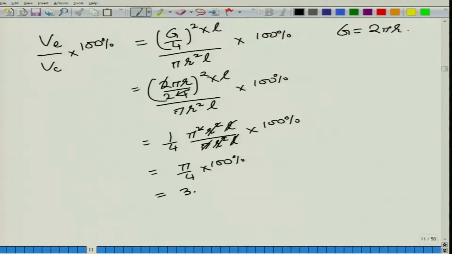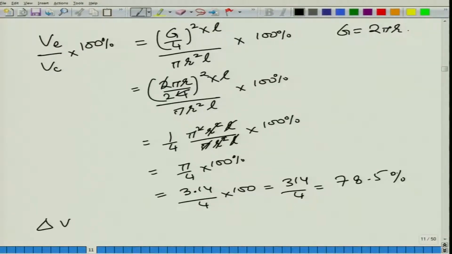Now, pi is 3.14, by 4 into 100 is 314 by 4, so approximately 78.5%. So, the volume that we are computing here by using the quarter girth formula is only 78.5% of the actual volume, or the difference in the volume would be 100 minus 78.5, 21.5%.